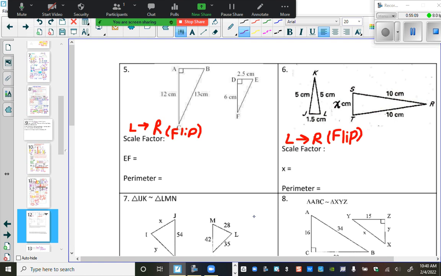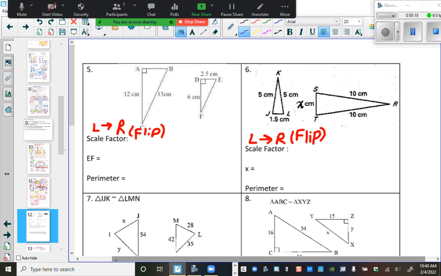Now for these, okay. Don't worry about perimeter. Cross out the perimeter part. I'm not gonna have you worry about that. We're gonna save some time.